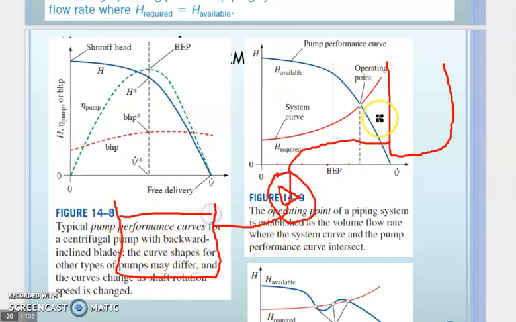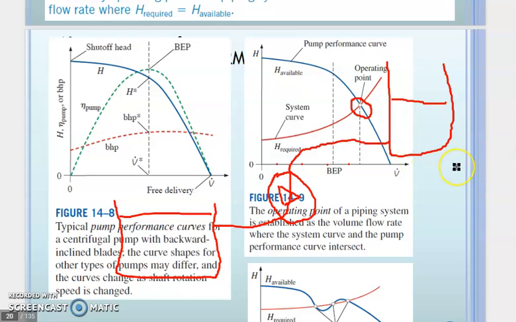So when you calculate the head of the whole system, and then you match it with the Q, you're going to have this kind of curve. So it's actually the demand, H required. When the demand meets the pump head, that one is actually the operating point. Okay, so later I'm going to explain to you how we calculate that one.